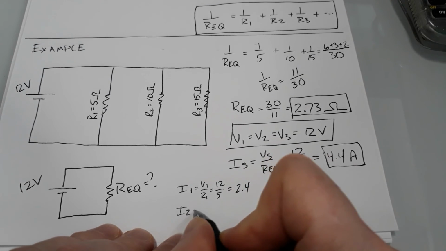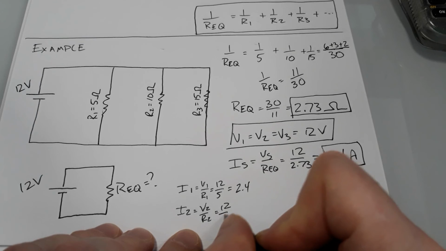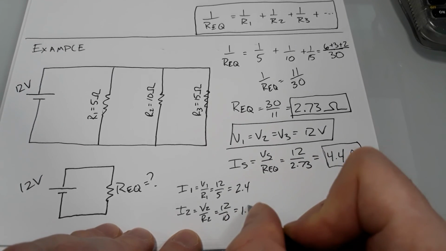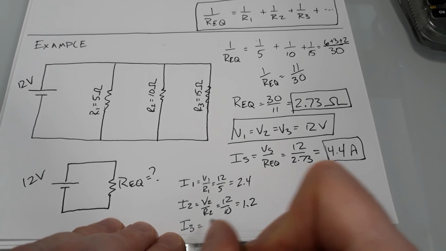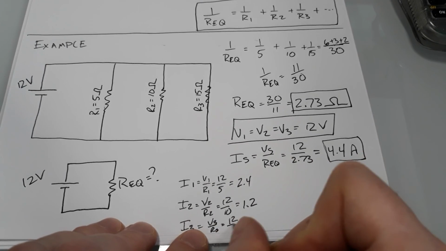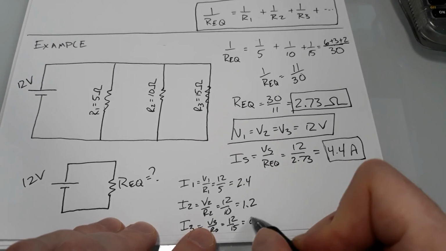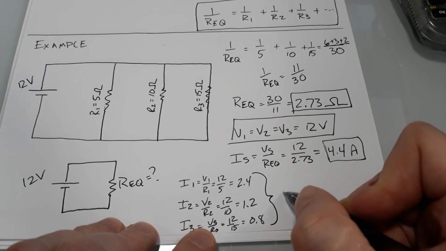And then I2, which would be V2 over R2, that would be 12 over 10, so that would be 1.2. And then finally, I3 is equal to V3 over R3, that's equal to 12 over 15 to give me 0.8. And what is the total of this?